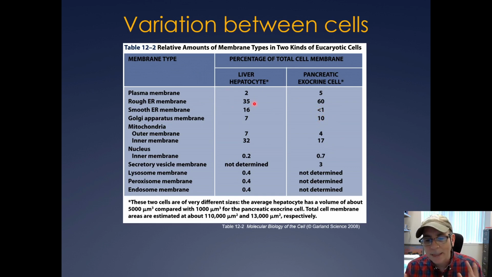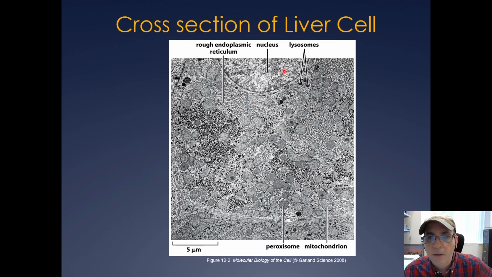The point I'm trying to get across is that different cells, depending on what they're used for in the body, will have different amounts of each of the different compartments. You can see that here in this cross section of a liver cell, where you have the nucleus, and then your rough ER here, peroxisomes, and mitochondria, and there's probably some Golgi and other things mixed in here.